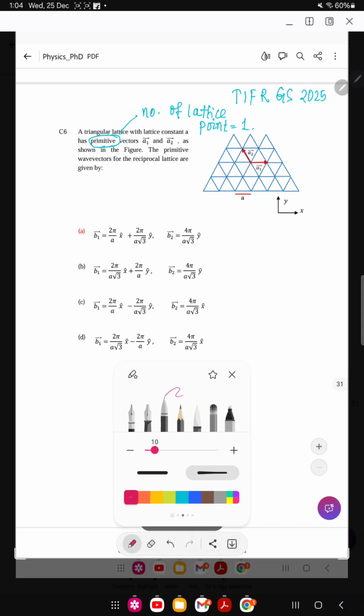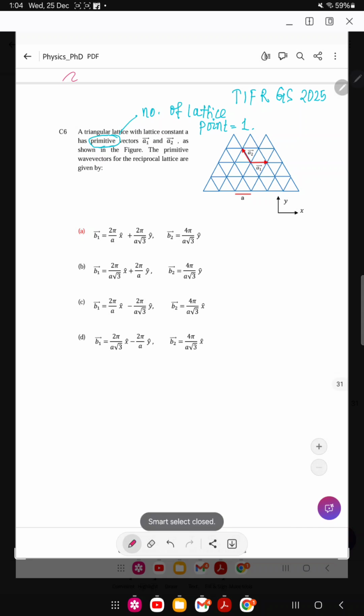In the solid state physics course, we have already studied that there is an imaginary array of points which gives the framework to the unit cell. That is known as the lattice, and if an atom is placed in the lattice space, then it is known as the basis, and lattice plus basis gives the crystal structure for a unit cell.